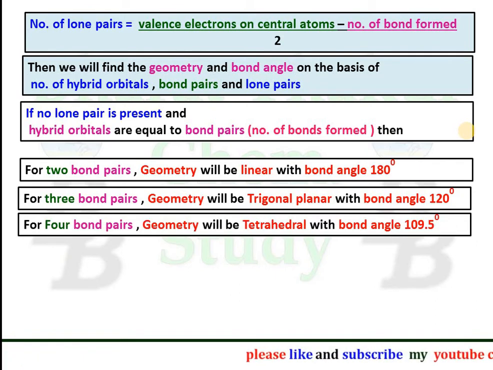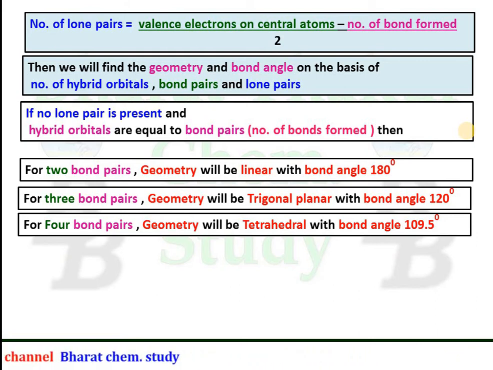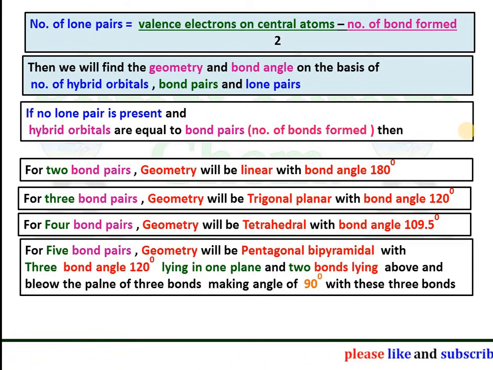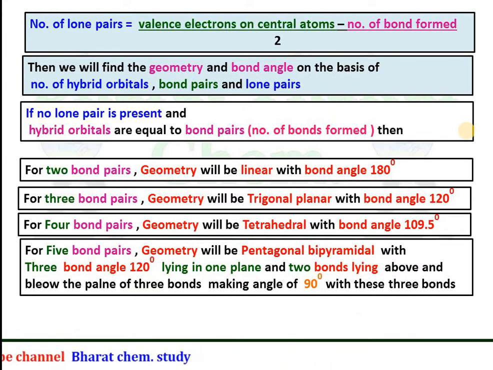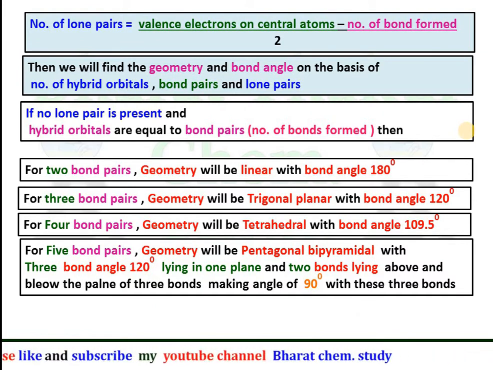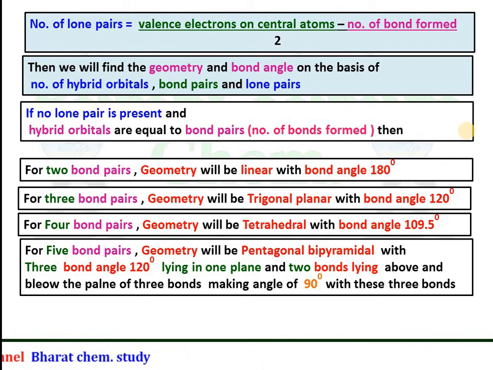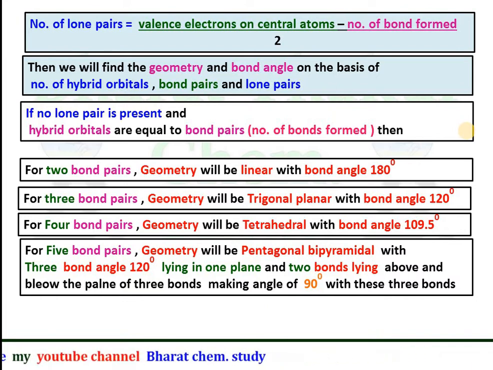For 4 bond pairs and no lone pair, the geometry will be tetrahedral with bond angle 109.5 degrees. For 5 bond pairs, the geometry will be trigonal bipyramidal with 3 bond angles of 120 degrees lying in one plane, and 2 bonds lying above and below the plane making an angle of 90 degrees with these 3 bonds. All these things we have already studied in our VSEPR theory.